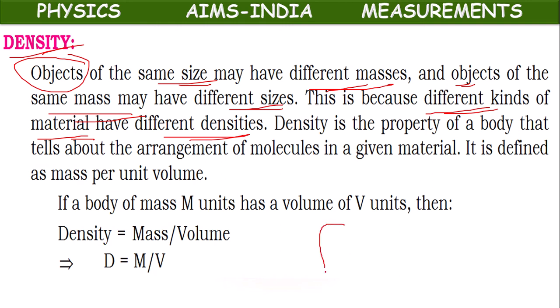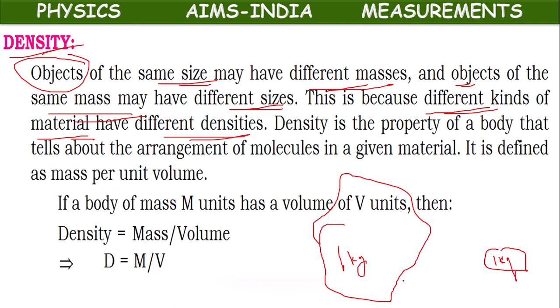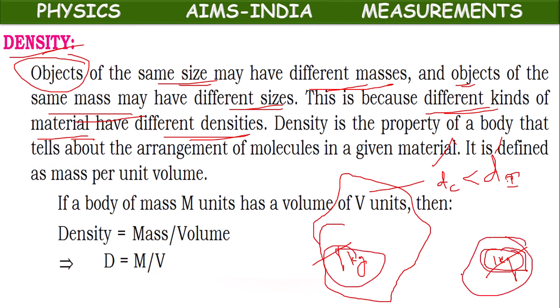If you take 1 kg of cotton and 1 kg of iron, both masses are the same, but their sizes are different. It's because the density of cotton is less than the density of iron. Though they have the same mass, their sizes are different because of their density.